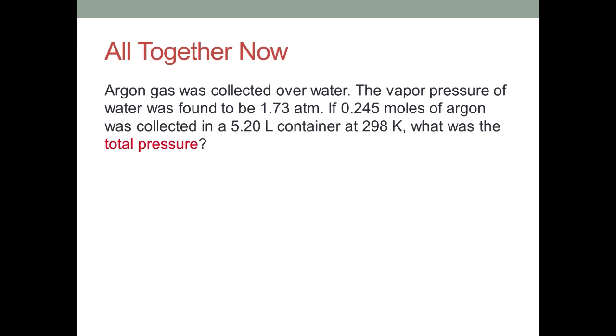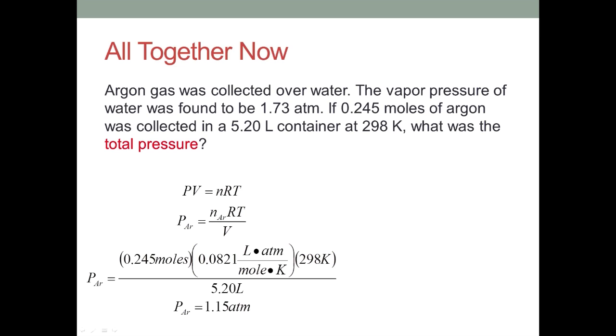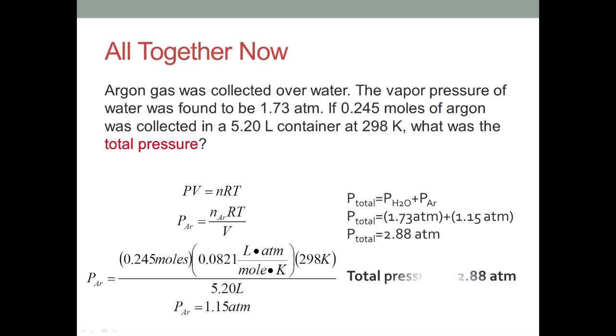Now finally, all together, we're going to use the ideal gas law and Dalton's law of partial pressures to solve this problem. So what you should have gotten is a total pressure of 2.88 atm.